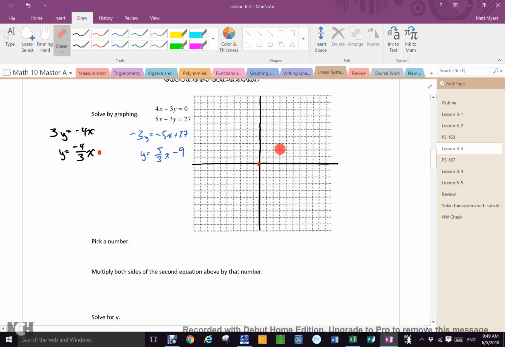Yeah, I did the slope backwards, thank you. So what is the solution to that system?